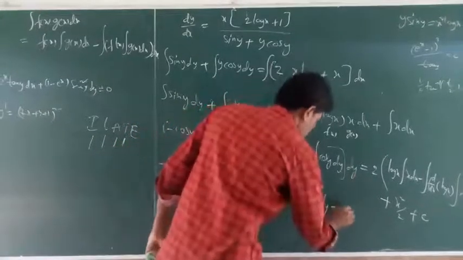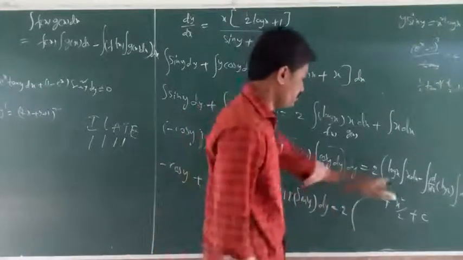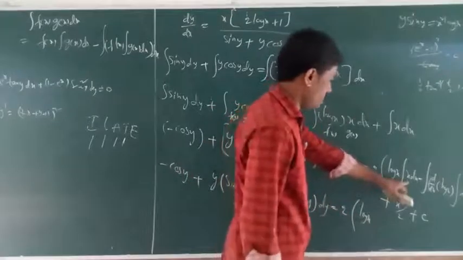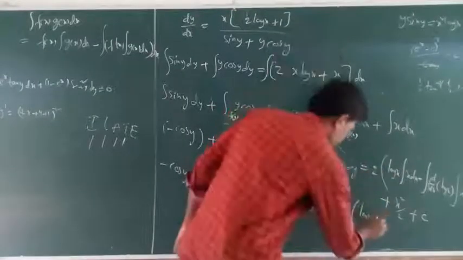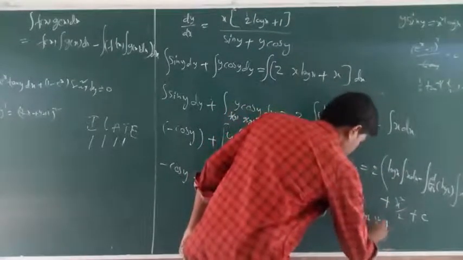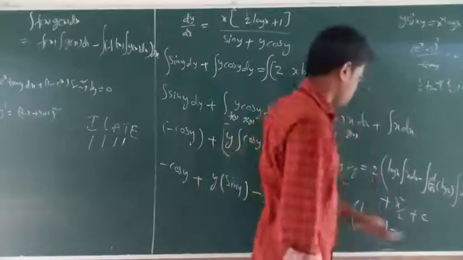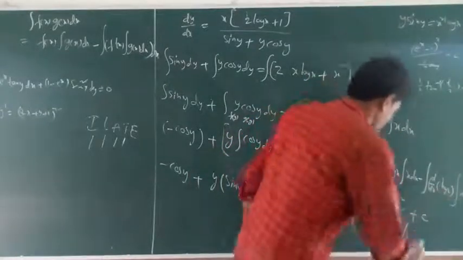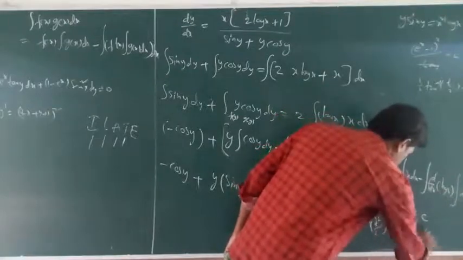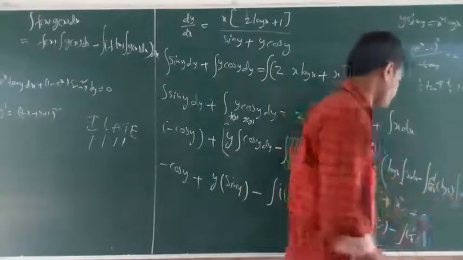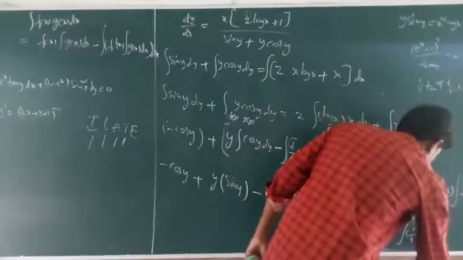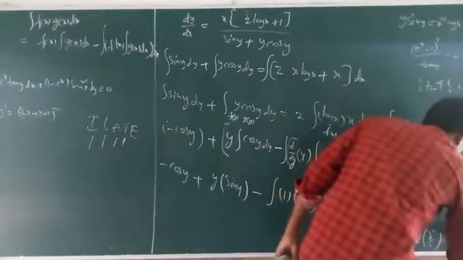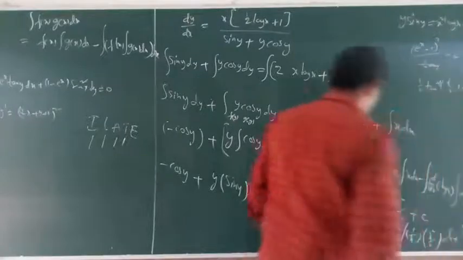This is 2 into log x. What is integration of x dx? X square by 2. Minus integration of log x derivative, 1 by x, into integration of x dx, meaning x square by 2, into dx, plus x square by 2 plus c.